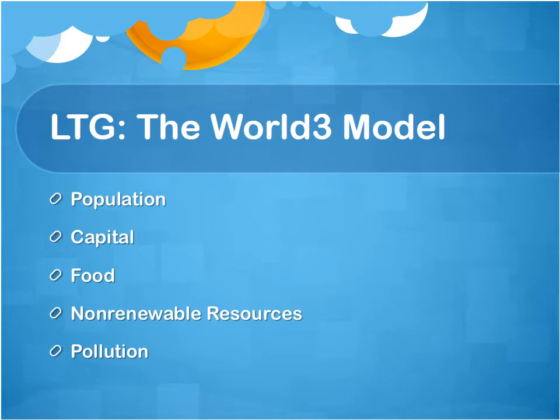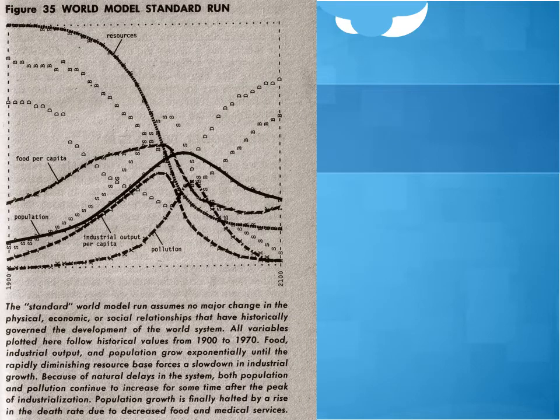Okay, so let me show you typically what the output of this model looks like, and I hope the curves are clear, but you can see in the graph there are five curves, and there's a time horizon between 1900 and 2100.